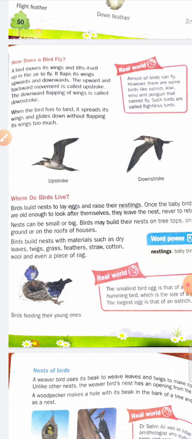Understand what I am saying? When it flies in the sky, it flaps its wings upward and downward. And students, almost all birds can fly, but there are some birds that cannot fly. They are called flightless birds. What are these? Yes students, ostrich, kiwi, emu, penguin also. These cannot fly, even though they are birds, and such birds are called flightless birds.